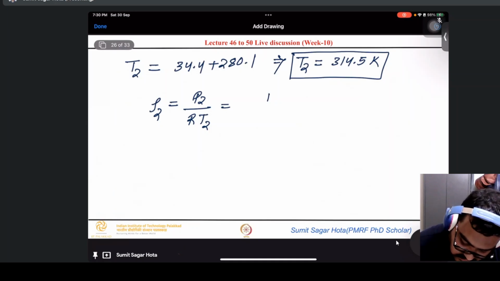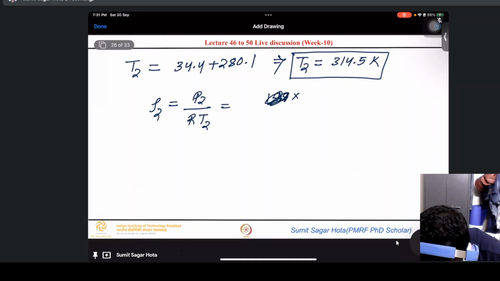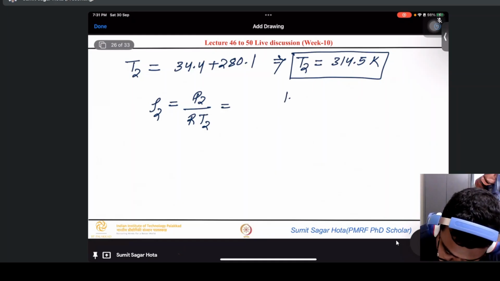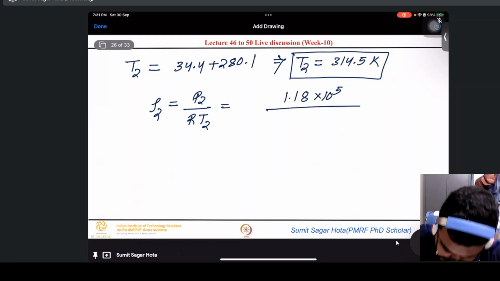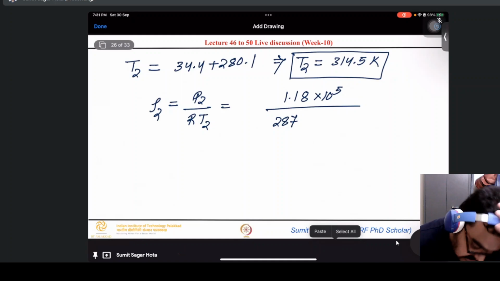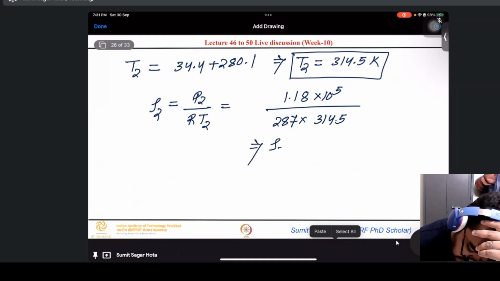So 1.18 bar. What is R for air? In joule per kg Kelvin, 287. What is T2? 314.5. Now rho 2 you get 1.3 kg per meter cube.